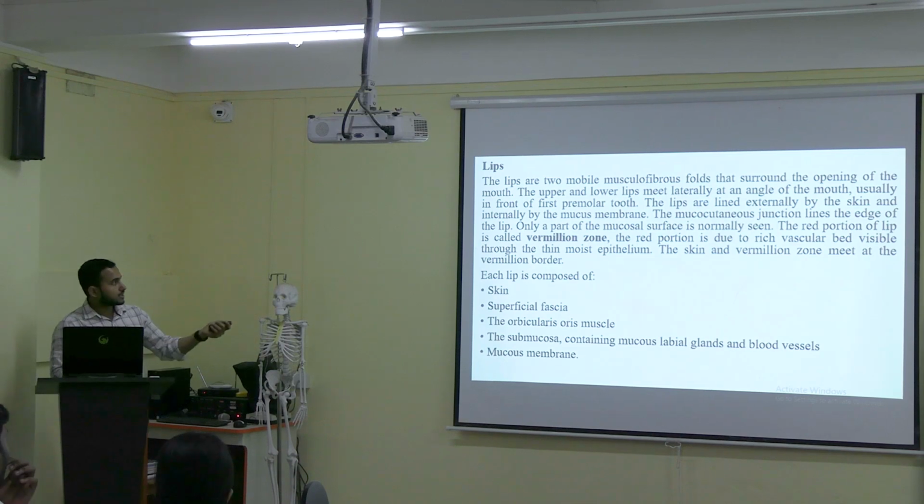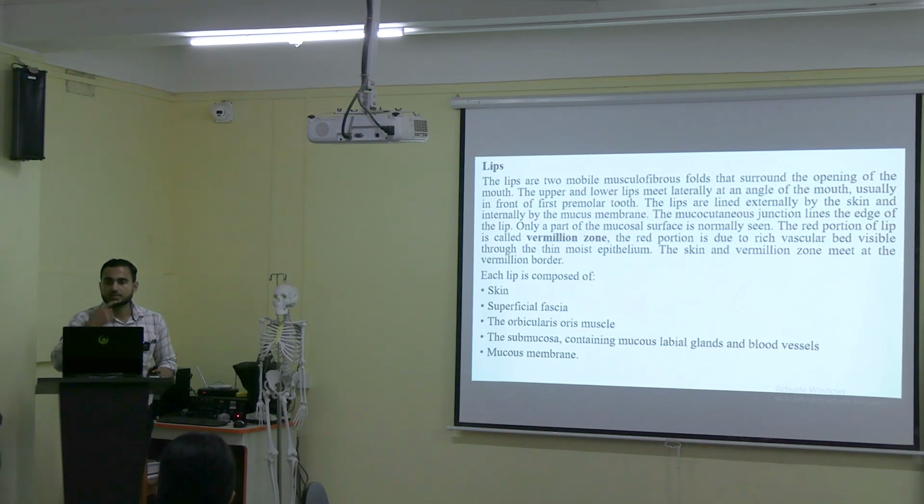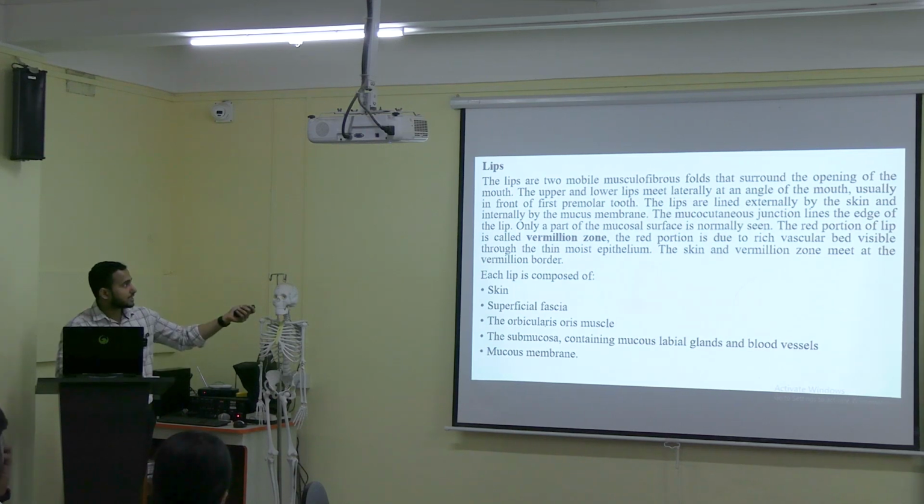Now if you see the lip, these are lined externally by skin and internally by mucous membrane. Externally it is lined by skin, where hair follicles, sebaceous glands, sweat glands, everything is present. Internally, the pink part which you can see, where girls used to apply lipstick, I am talking about that part, is lined by mucous membrane, okay.